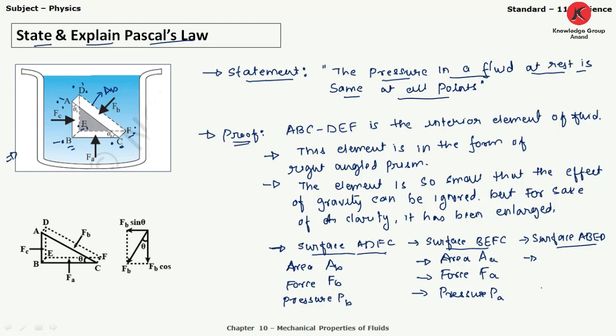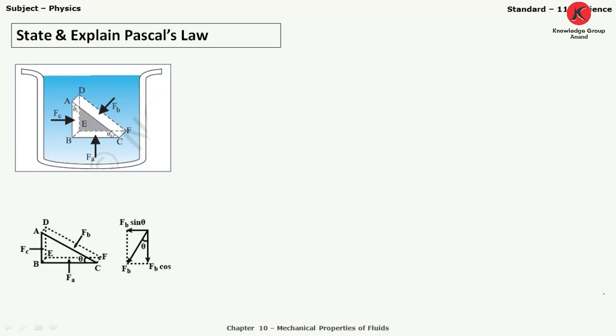From the figure, the area is AC, then the force is denoted as FC, and ultimately from the area and force we can find the pressure, which is PC, right?